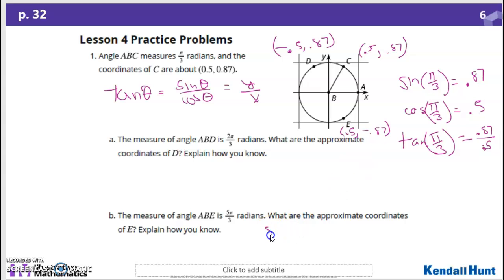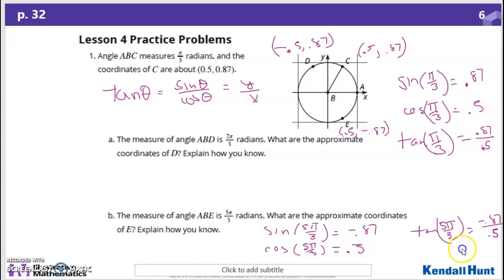And that would imply that the sine of 5 pi over 3 would equal negative 0.87, and the cosine of 5 pi over 3 would equal the x value of positive 0.5, and the tangent of 5 pi over 3 would equal the y value, negative 0.87 over the x value of 0.5.